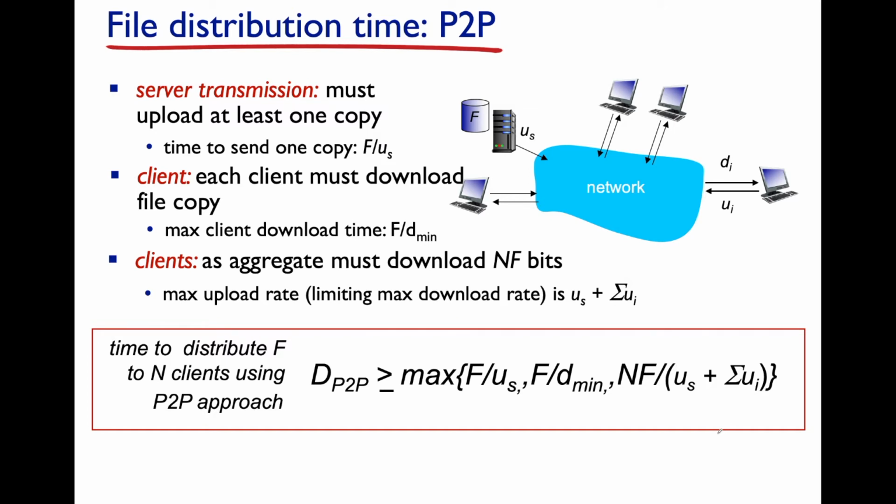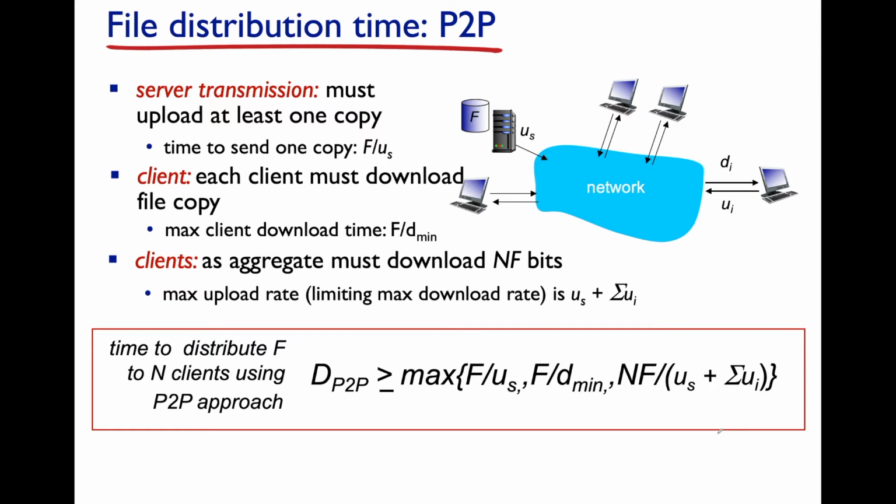But then each client must download a file copy, and they can also serve as the source for uploading that file for some other client in the network. Each of these peers can act as if it were a server and upload that file.